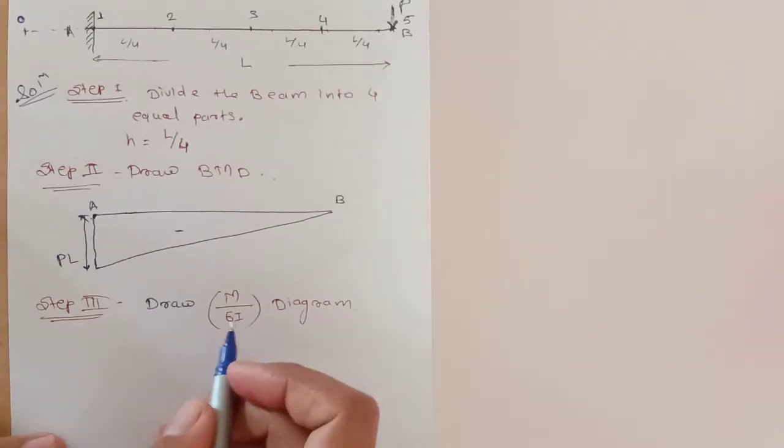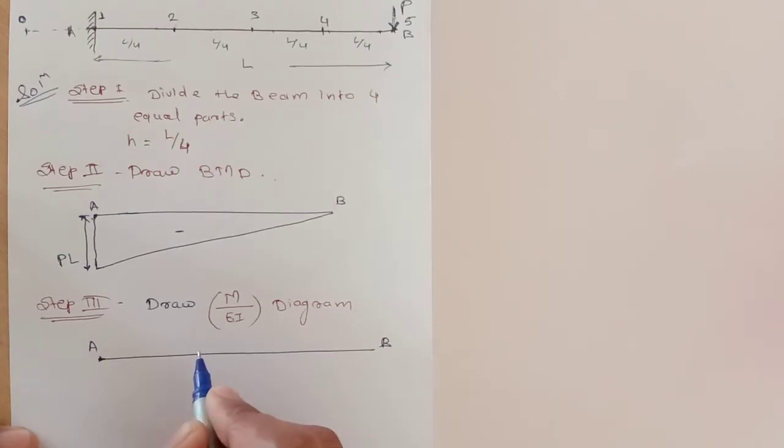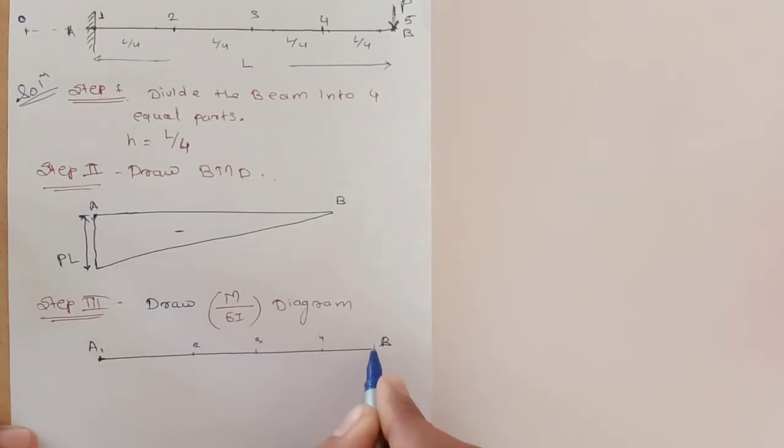So same as before, first draw the given beam, that is A and B. Then over this AB the nodal points are 1, 2, 3, 4 and 5.